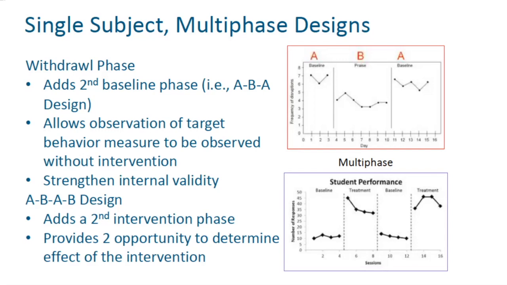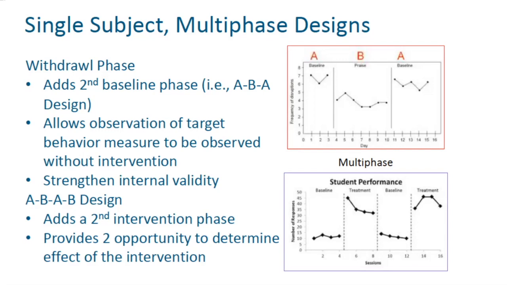But the ABAB is a stronger design where you start with the baseline, okay? Then you provide the treatment and make your measurements during the treatment. Take away the treatment, going back to your baseline, and then you go to a second phase of treatment. Looking at the chart, I don't know what this chart was measuring, but let's just say you're measuring attention using a wrist device that vibrates on their wrist to help them pay attention.